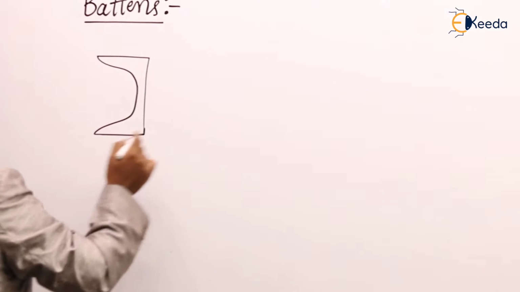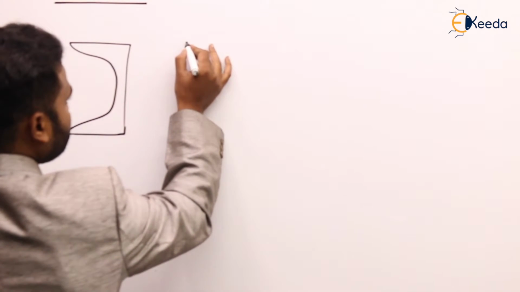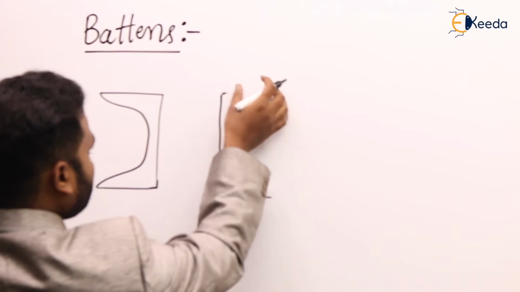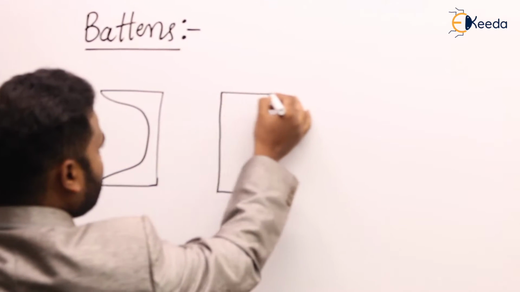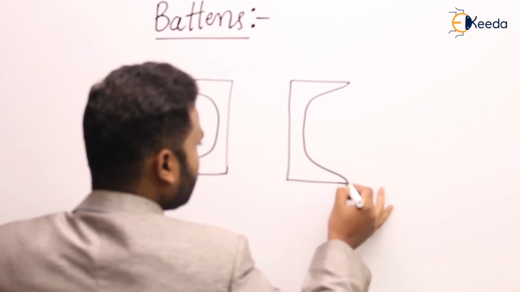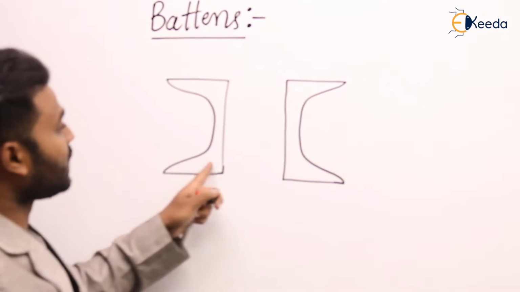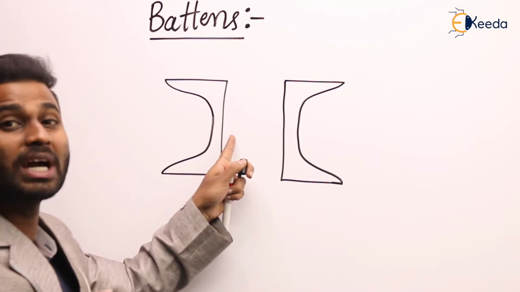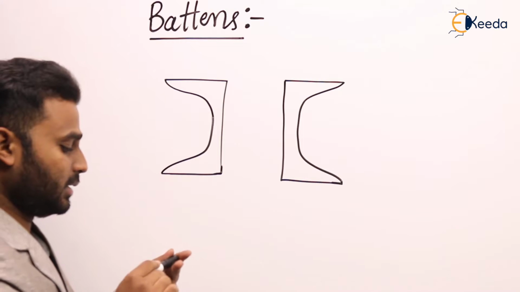So this is one channel. Okay, this is another channel. These two channels are placed back to back. Now by using battens, we have to connect these two channels.